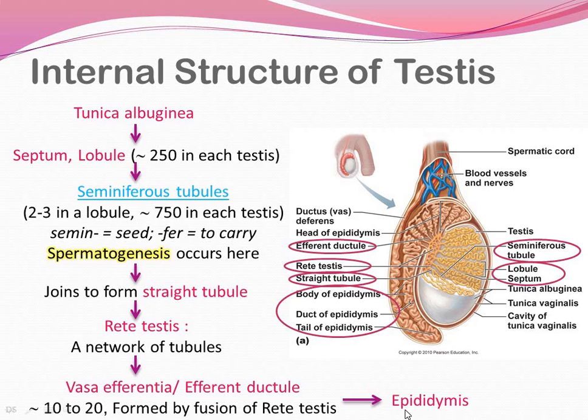That is the etymology of the epididymis. Now you will be surprised to know that this epididymis is a highly coiled structure, and considering that the total dimensions of the testis are 2 to 3 centimeters in length and 4 to 5 centimeters in width, the length of the epididymis is somewhere around 6 meters.